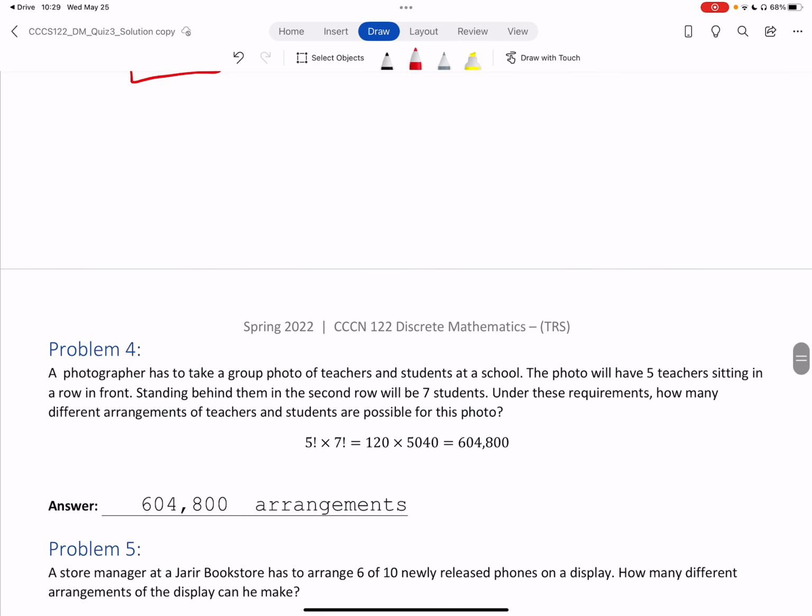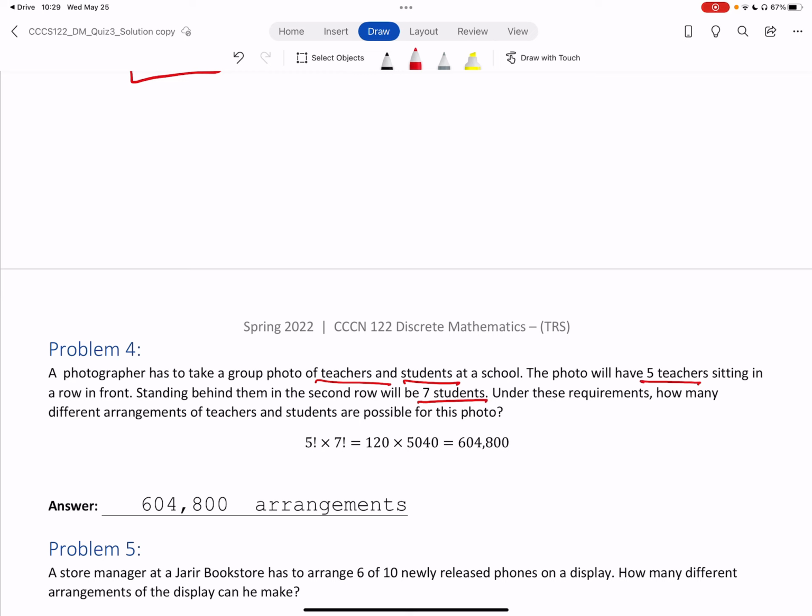We have problem 4. In this one, a photographer has to take a group photo of teachers and students at a school. We have 5 teachers that will sit in the front row, so that will not change, and we have a second row of standing students in the photo, 7 of those students.